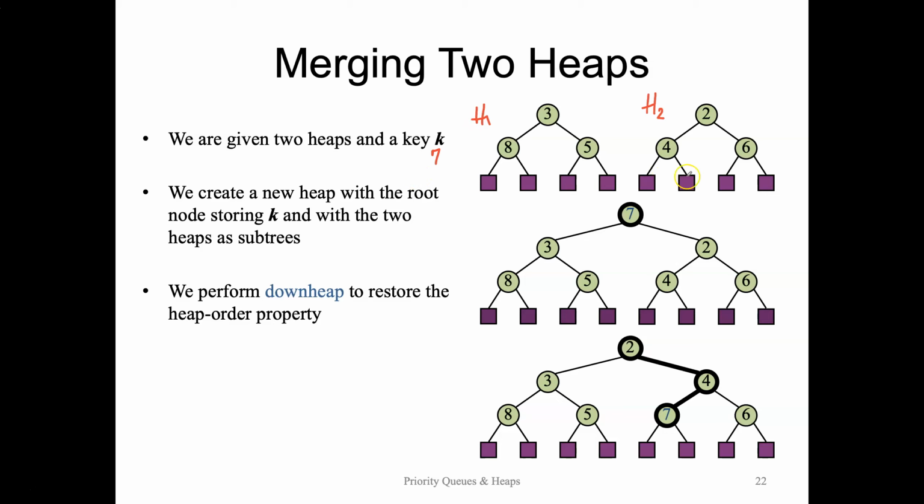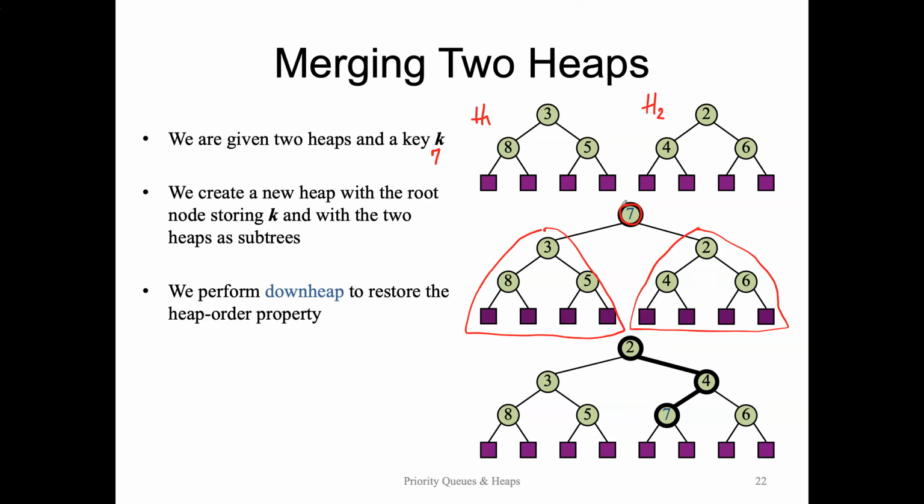Well, we know the left and the right heap are already valid heaps, so this is our left heap, that same heap 1 I showed above, and our right heap. And we're joining them together using that key as the root of this new larger tree. And since we know everything in the left subtree and the right subtree satisfy the heap order property because they started off as heaps already, then we're just going to have to perform the down heap algorithm in order to make sure that by adding this new node, we didn't violate the heap order property.